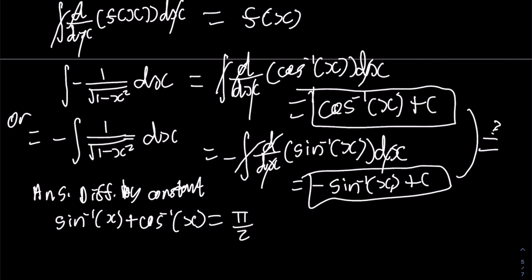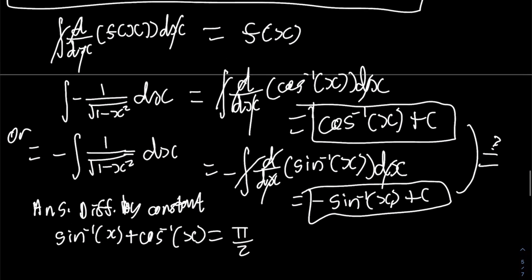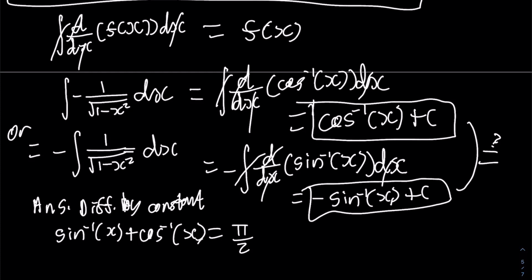And I proved this in my last video where we looked at the derivative of the inverse cosine of x. This all comes from the fact that sine and cosine are cofunctions, and therefore the angles are complementary, which means that they add up to pi over 2 radians or 90 degrees. If you set the inverse sine of x to be some theta, then sine of theta is the same thing as cosine of pi over 2 minus theta.